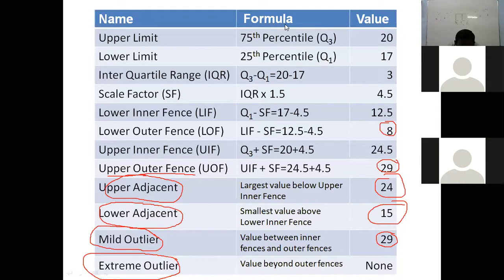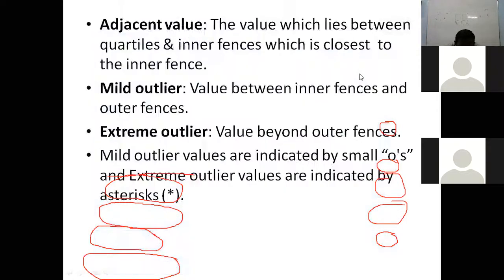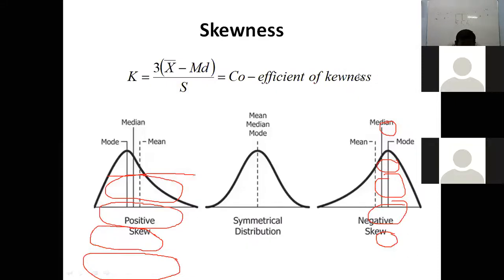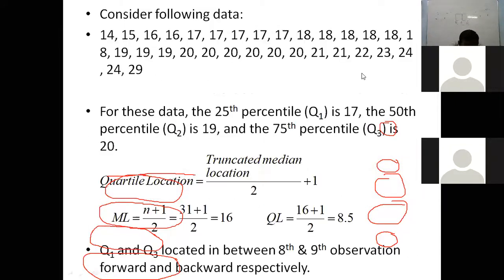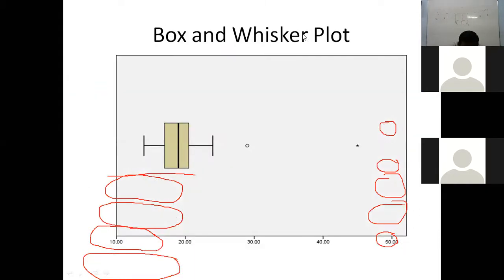What is our data set? This is our data set. Look at our data set. Do we have any value below 8 and above 29? No, sir.